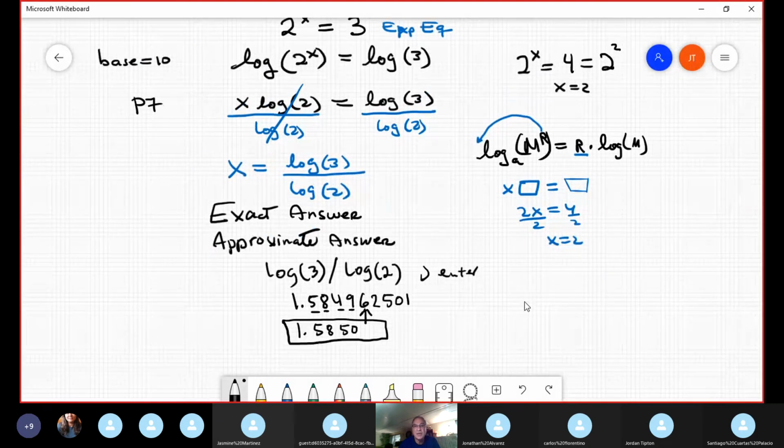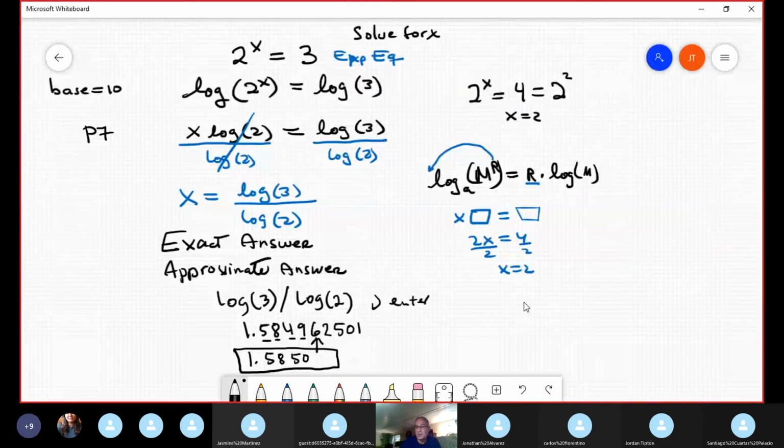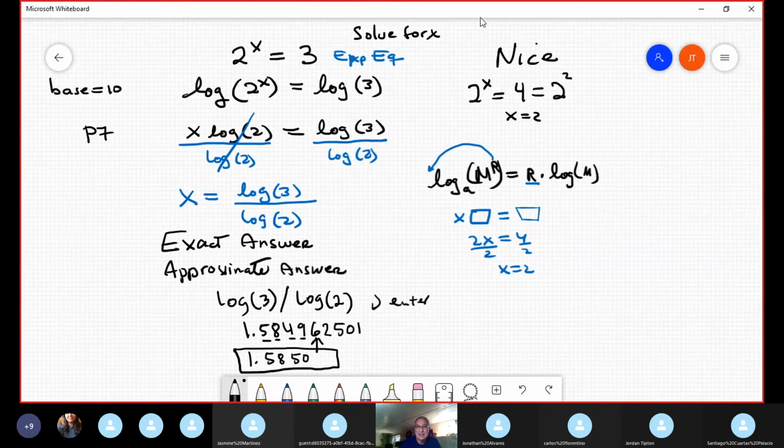Okay, we have those two kinds of exponential equation. The nice exponential equation, like that, you can solve it, manipulate both sides, and you convert immediately the exponential equation to a linear equation. This is not nice, it's ugly. Ugly.